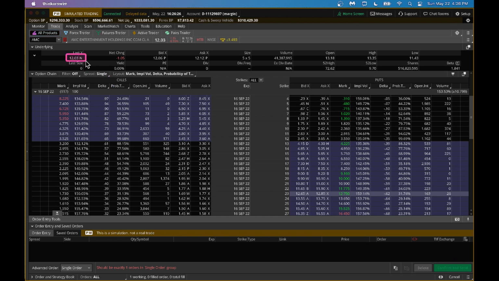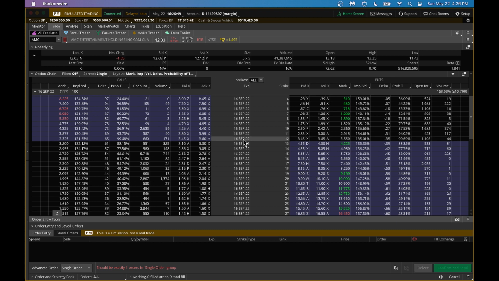The 52-week high is $72, so this can go higher. The 52-week low is 9.70. We can go right around $12 here. In these scenarios, I would typically buy a straddle. Either a straddle or a strangle, either one is okay.